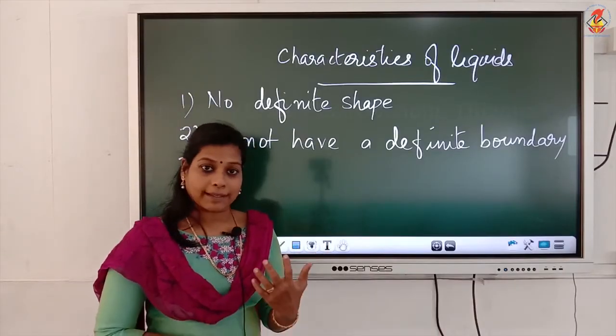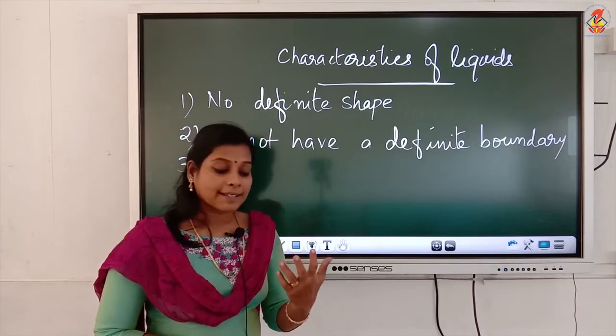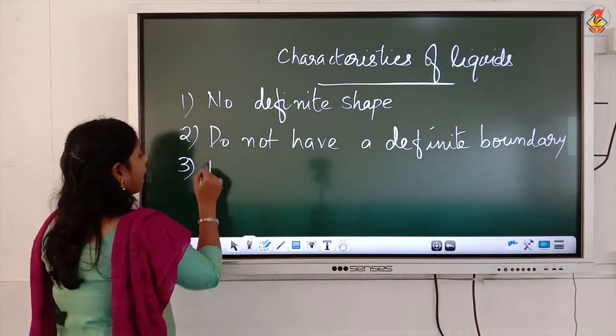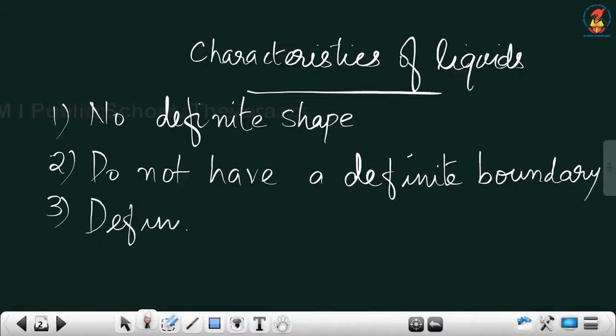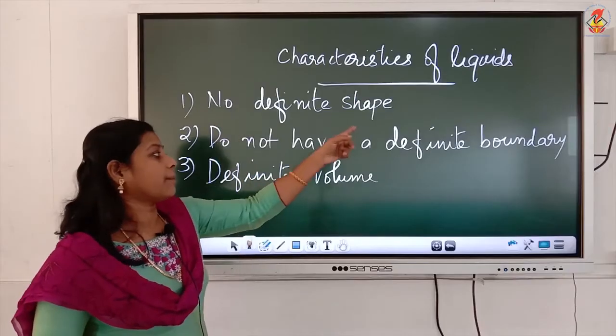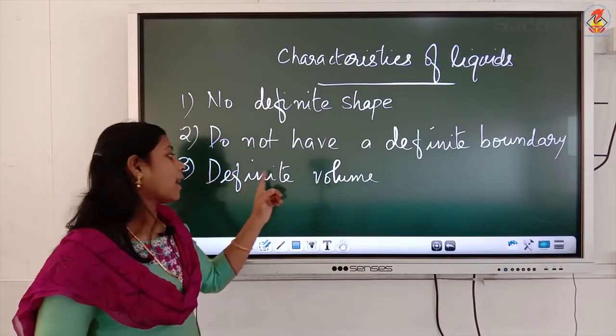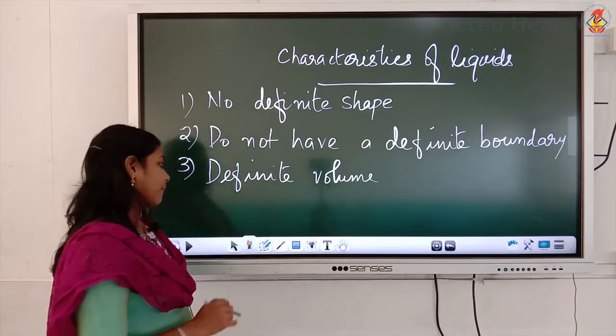They are occupying space, isn't it? So, definitely they will have a definite volume. So, liquids have no definite shape and no definite boundaries, but they have definite volume.